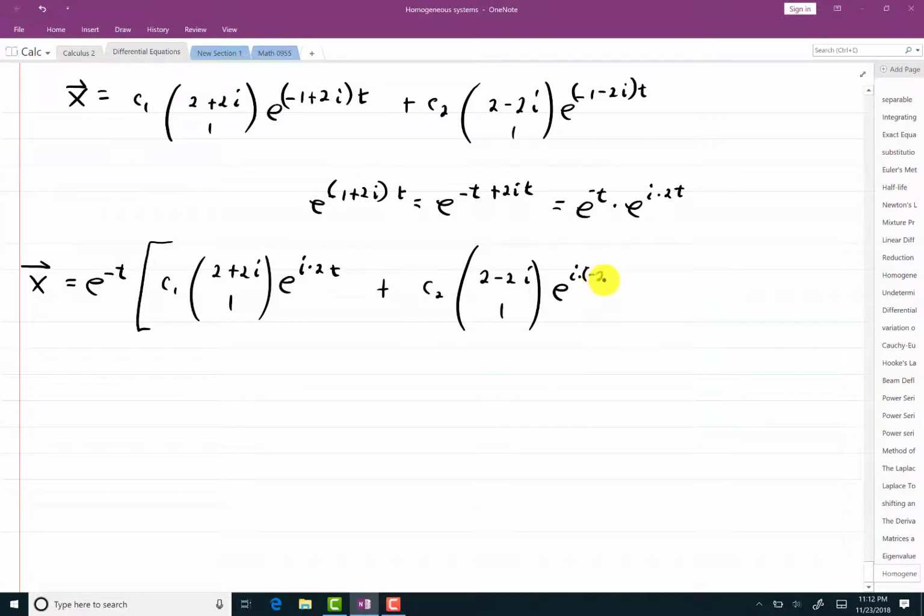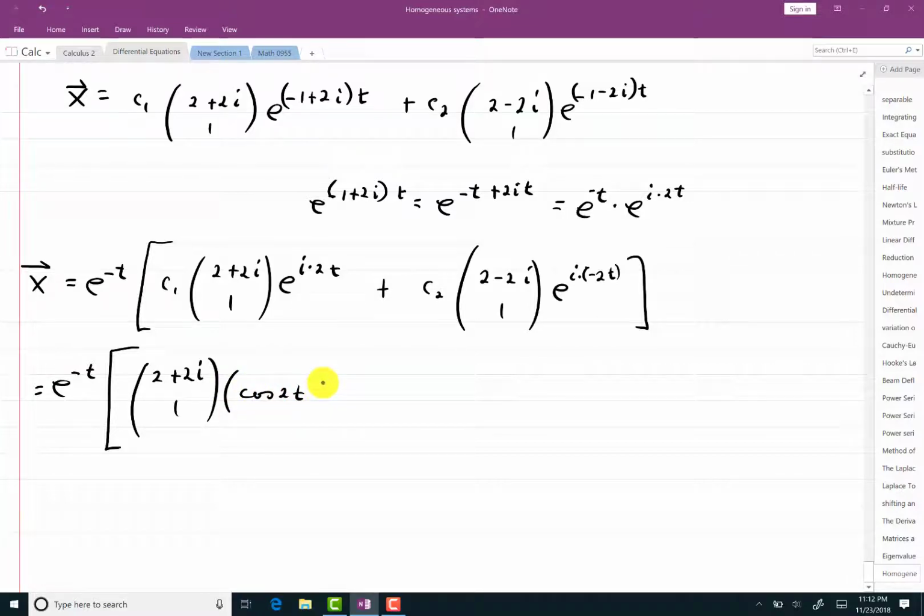Yeah, that's fine. Negative 2t. And you've seen this before. I'll bring out my e to the negative t. I'll keep bringing it down. I get 2 plus 2i, 1. I'm going to use what is known as de Moivre's theorem, where I can convert this to cosine and sine. So I get cosine of 2t plus i sine of 2t.